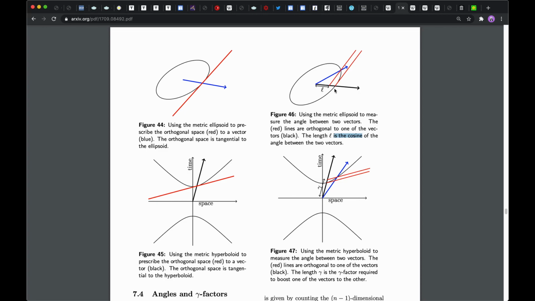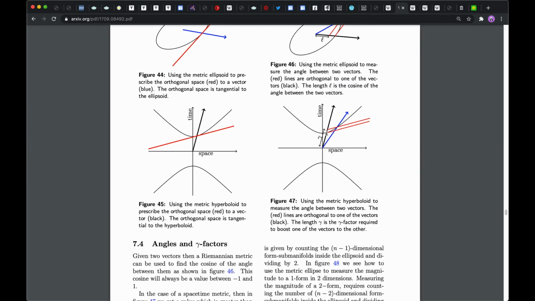You will obtain the cosine multiplied by the length of the black vector or something like that. The ellipse here is the equidistant surface of length 1. So to obtain the cosine, we need the matrix here, which cuts the unit vector in the black direction.